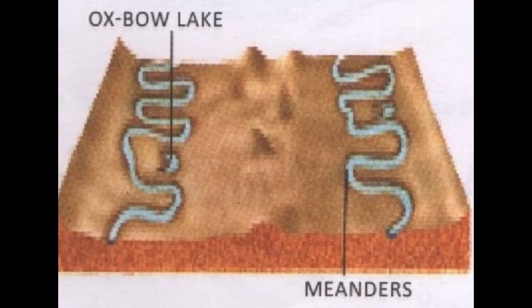Due to this continuous process, the meandering loops become almost circular and very close to each other. During this process, the river cuts the strip of land between the two loops and takes a straight course. The circular loop is completely cut off from the main channel and forms an oxbow lake.